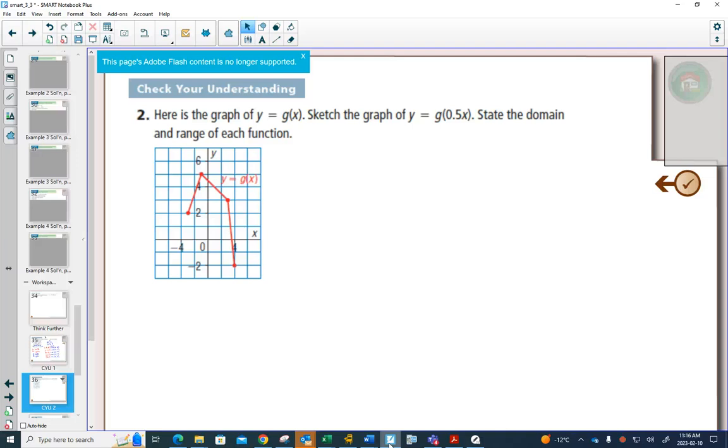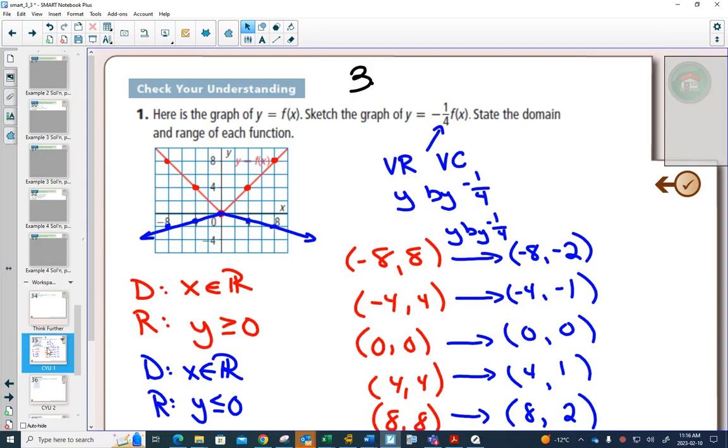Oh, one thing about example 1 that I just wanted to go back and point out is the textbook asked example 1 this way, but on a test, you might have got this same question and it would have just looked like this. Graph y equals negative 1/4 absolute value of x.